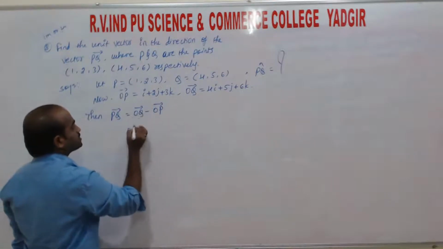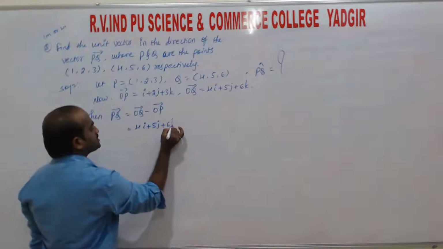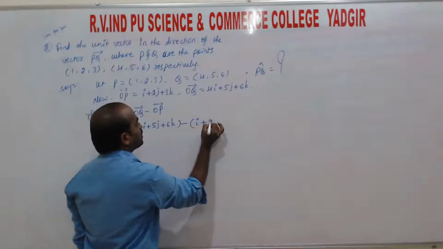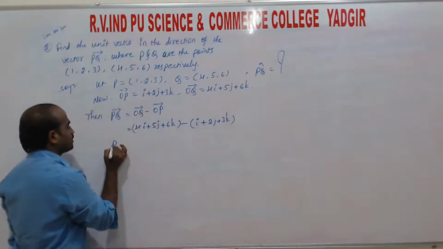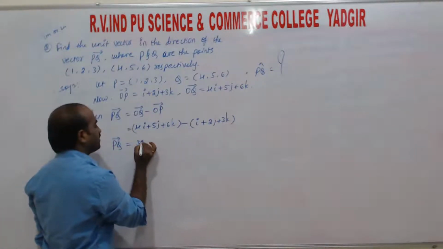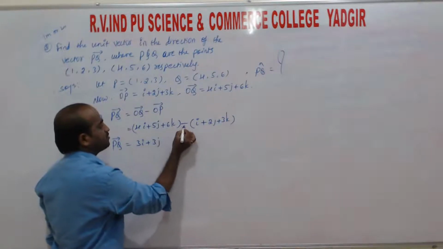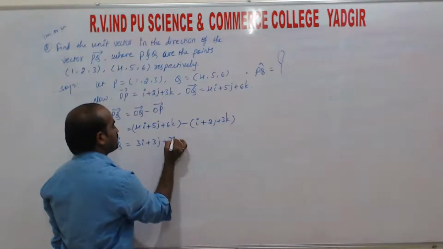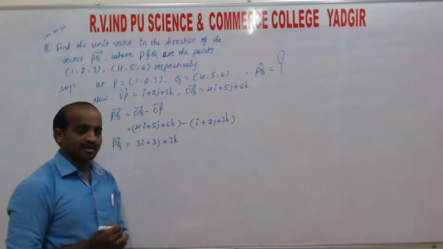Now OQ vector is 4i plus 5j plus 6k minus OP vector i plus 2j plus 3k. So PQ vector is 4i minus i, 3i; 5j minus 2j, 3j; 6k minus 3k, 3k. PQ vector is 3i plus 3j plus 3k.